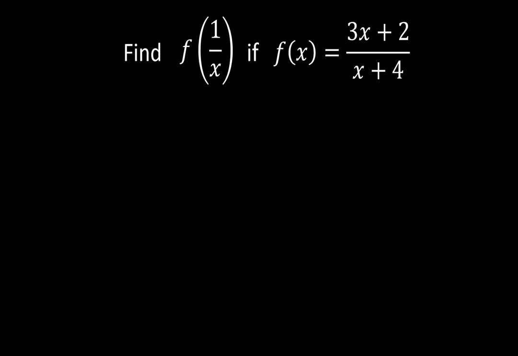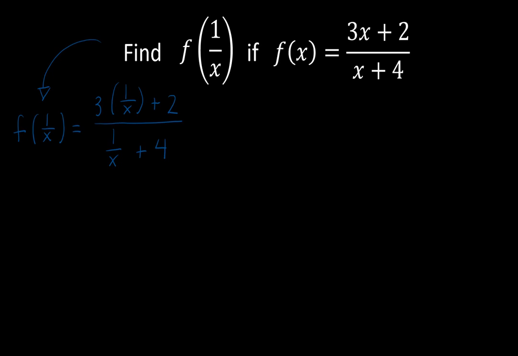In this example, we're given f of x equals 3x plus 2 divided by x plus 4. And we're asked to evaluate function f when x is equal to 1 over x. So everywhere we see x in function f, we're going to replace x with 1 over x and then simplify as much as possible.